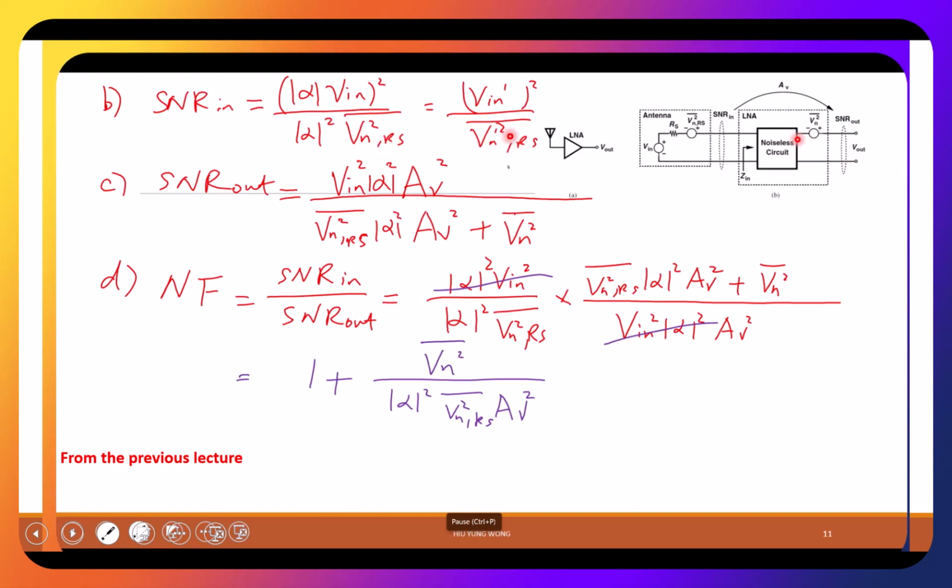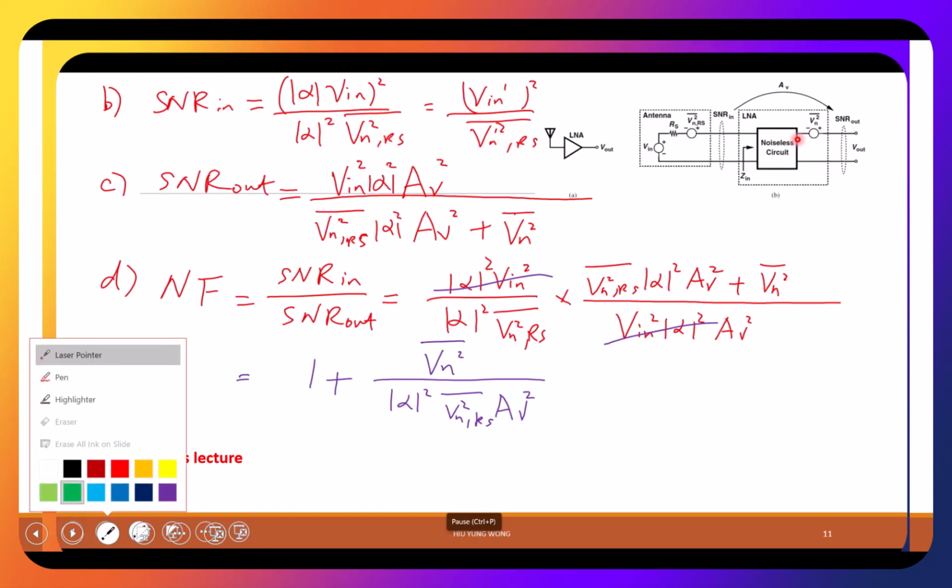Do you see what I mean? Here I did not cancel alpha square. I just represent the whole term as Vin dash, where Vin dash equals alpha times Vin. And then here Vn dash square equals alpha square times Vn square. Make sense? Because both of them have dash.